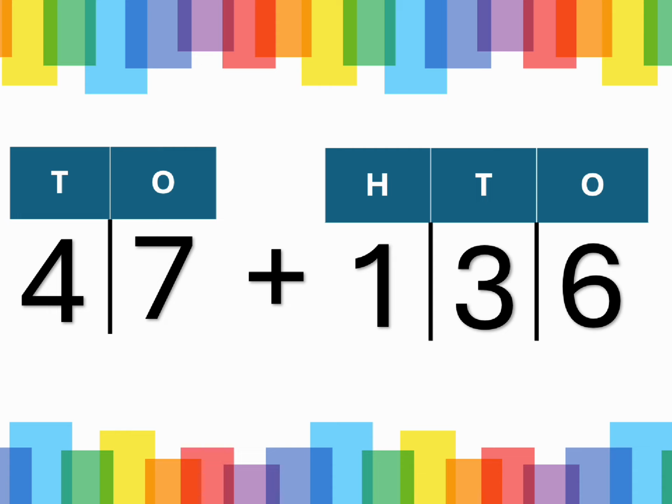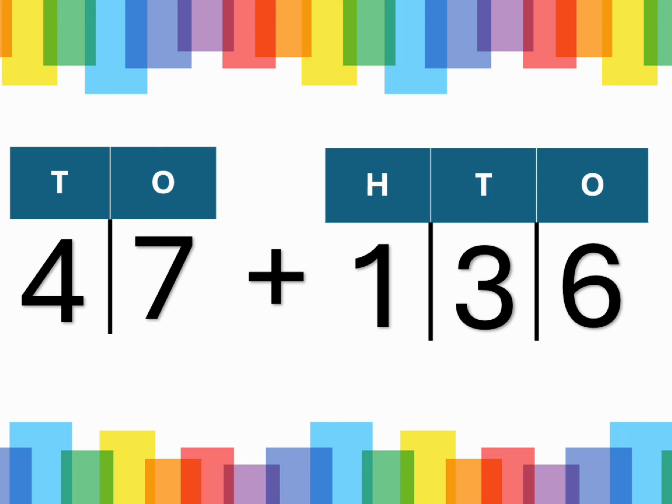Now, let's put our knowledge to practice. The first problem we need to solve is 47 plus 136. First, we need to identify the place value for each number, always starting in the ones place.